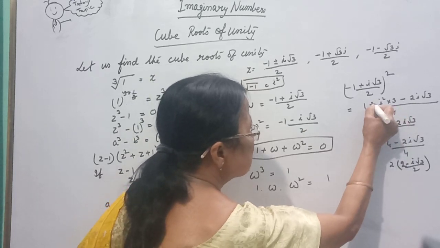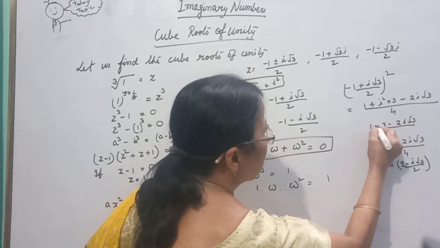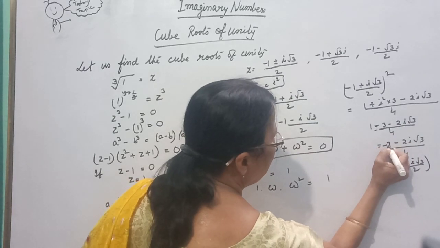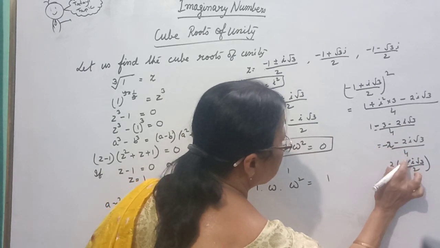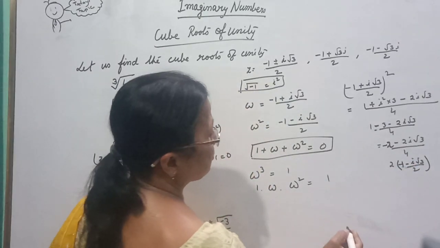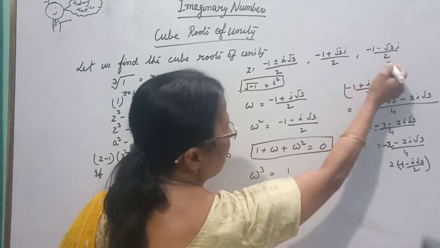Sorry, this is plus i square, so this is minus 3. So this is 1 minus 3, which is minus 2, and so this is 2. If you take common, this is minus 1 minus i root 3 by 2. This is minus 1 minus root 3 i by 2.